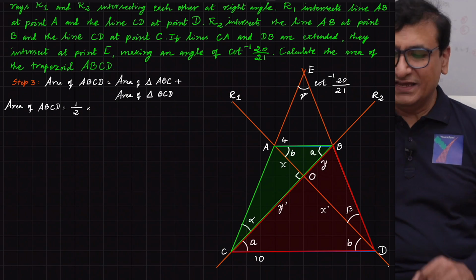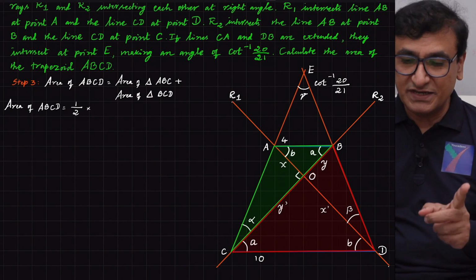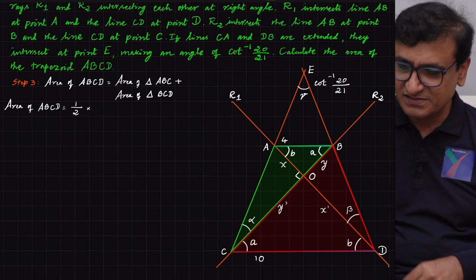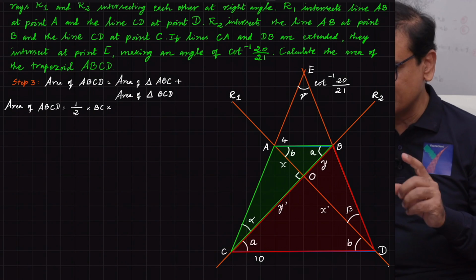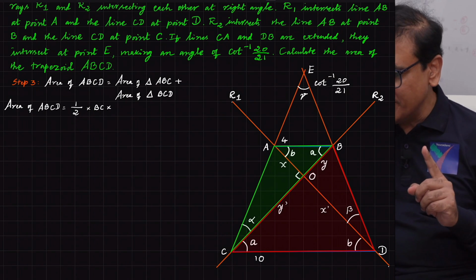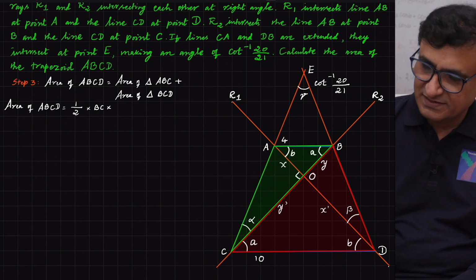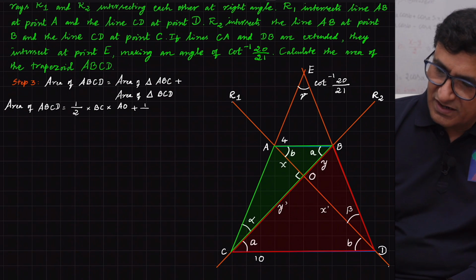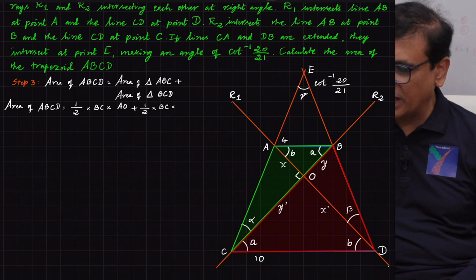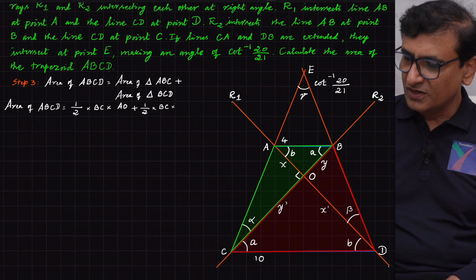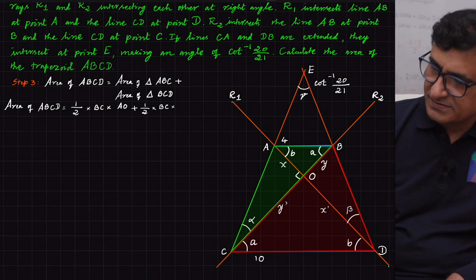Half multiplied by the base. The base is BC, and BC is the common base for both the triangles, correct? Altitude of ABC is the line AO, because AO is perpendicular to line BC. So AO is the altitude of this triangle. Similarly, half BC. BC is the common base for these two triangles. Then altitude of BCD would be DO, because DO is perpendicular to BC.